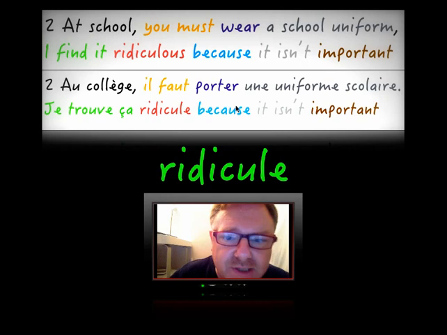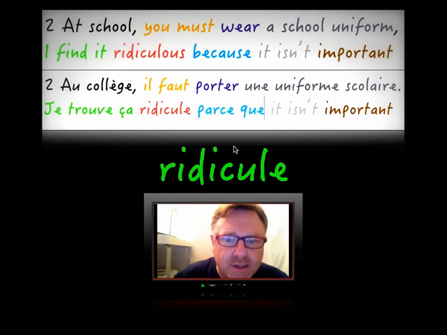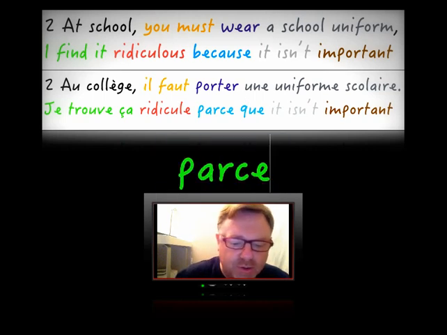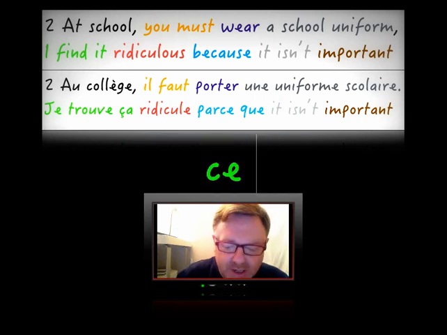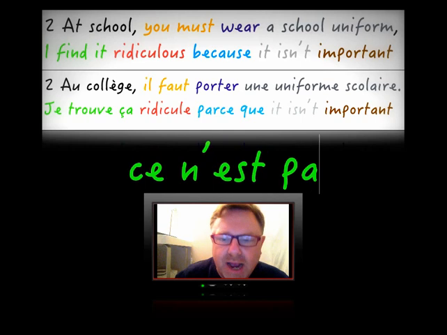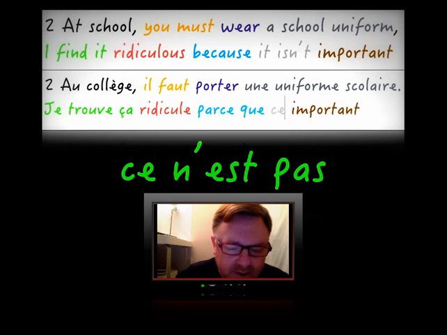Ridicule even. Right. Because. Let's use parce que this time. So parce que meaning because. Now it isn't is ce n'est pas. Parce que ce n'est pas. So here we go. Let's just get that in there.